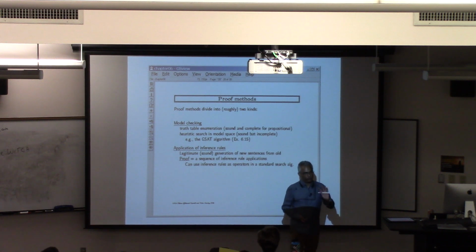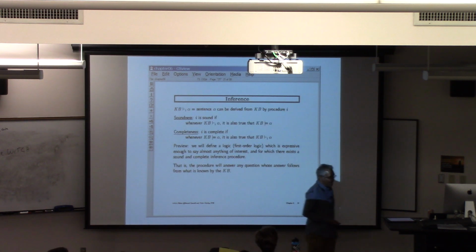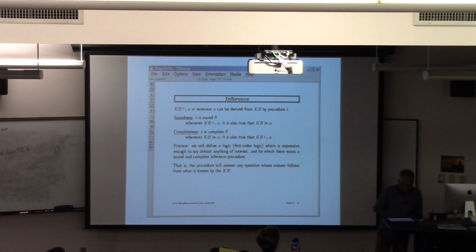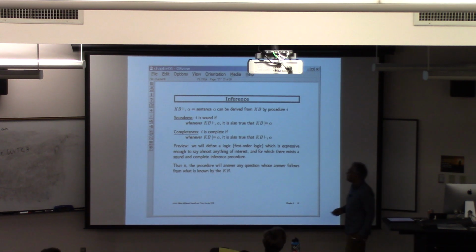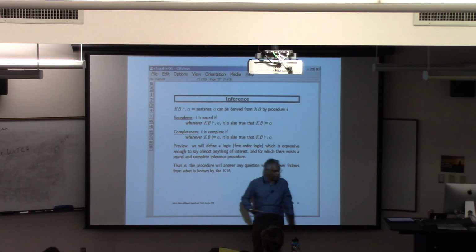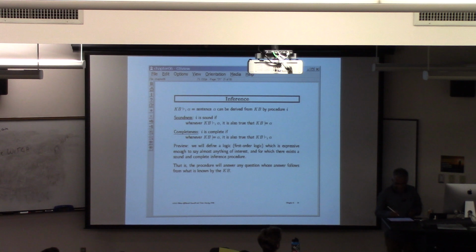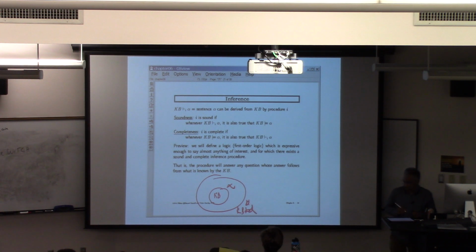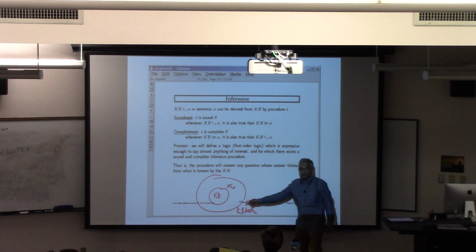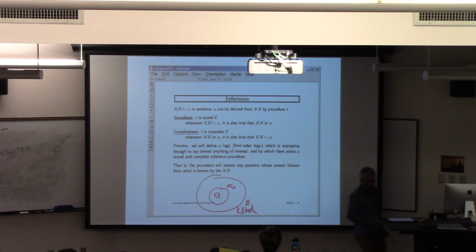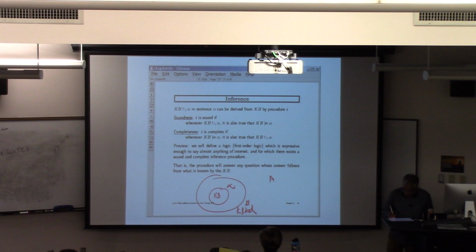So that's entailment, and for proof methods there is model-based proof checking, and then application of inference rules. Those are the two things that normally happen. Remember, ultimately what you're trying to compute is this relation, the model theoretic one. And then you made up a bunch of rules like A implies B is true, A is true, B is true.